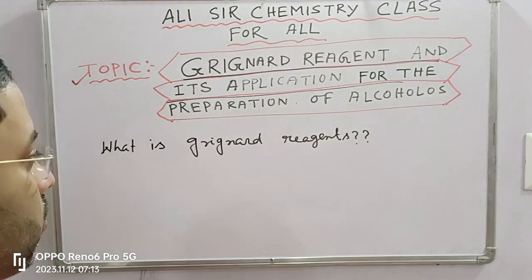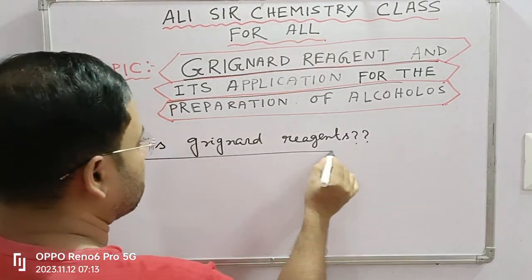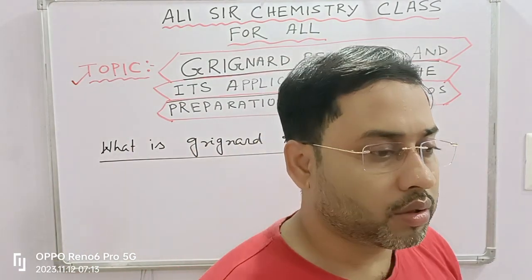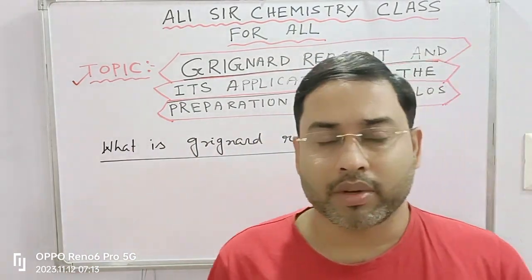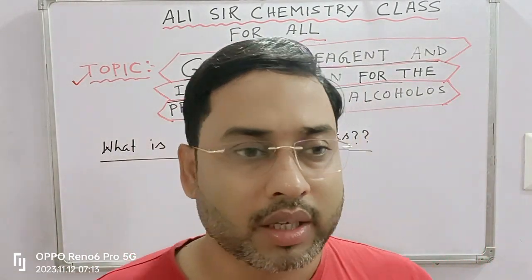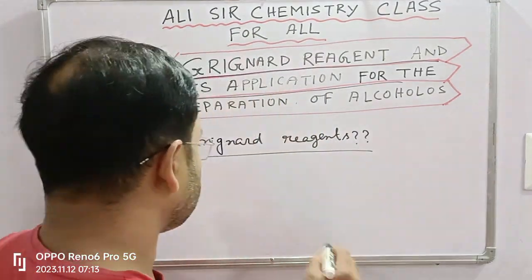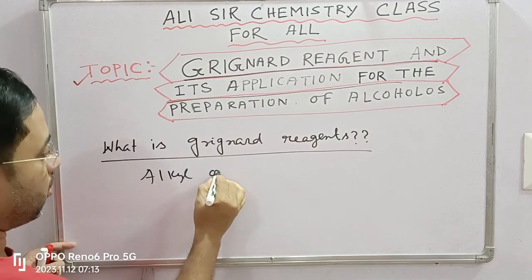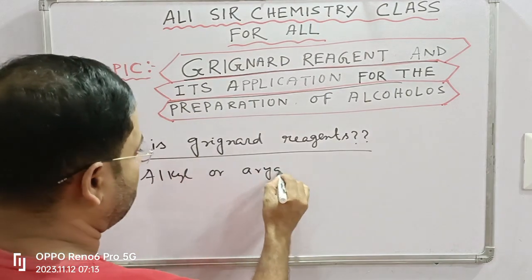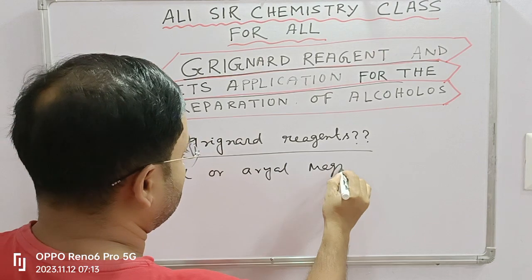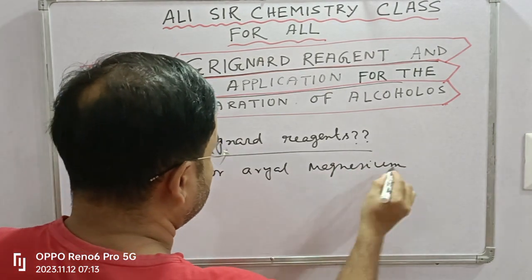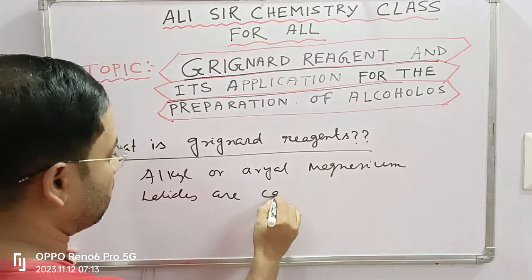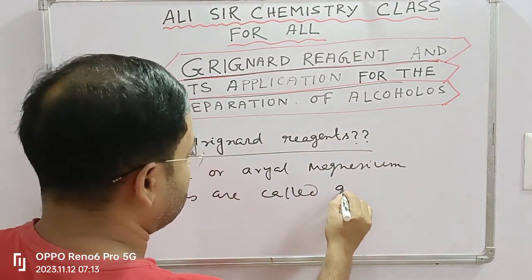So first of all, you have to know what the Grignard reagent is. All of you know this. The Grignard reagent is known as alkyl or aryl magnesium halides. Alkyl or aryl magnesium halide is known as Grignard reagent.